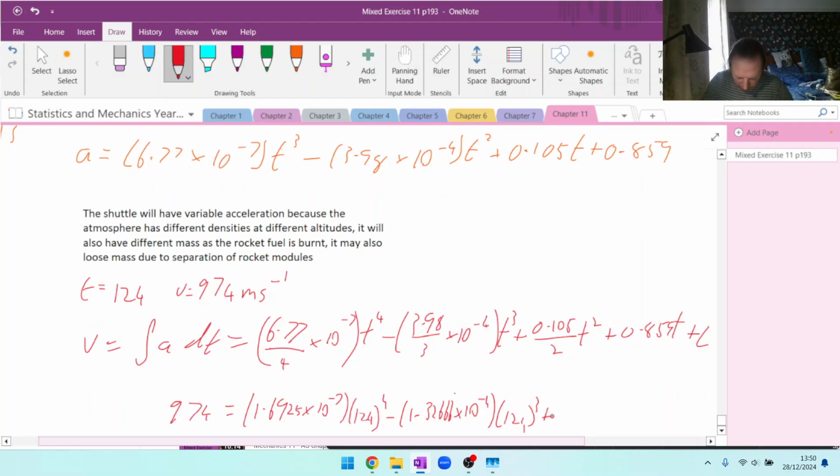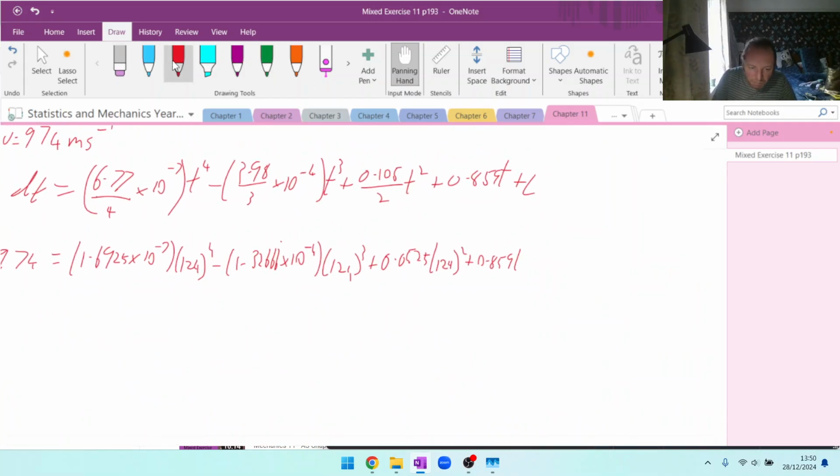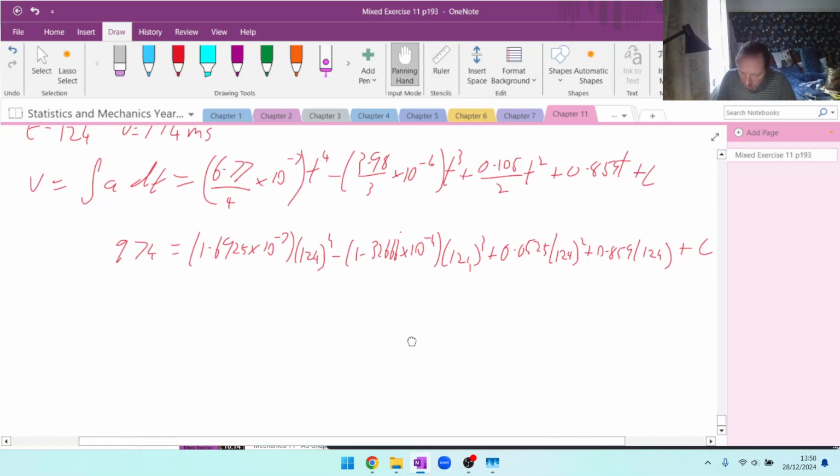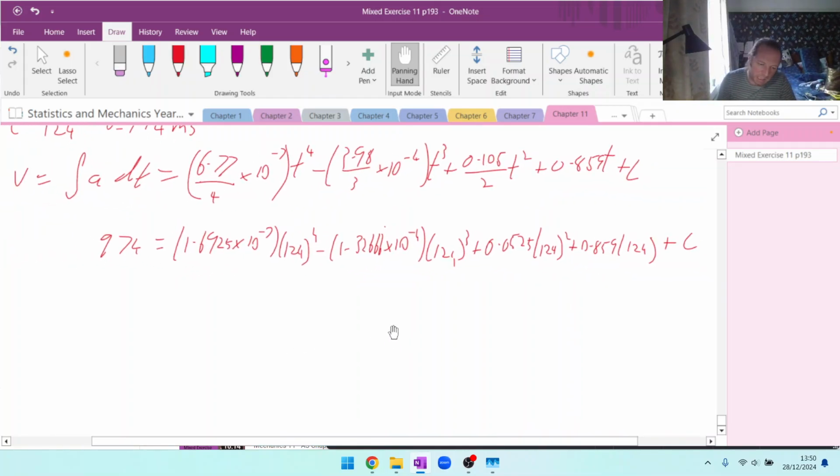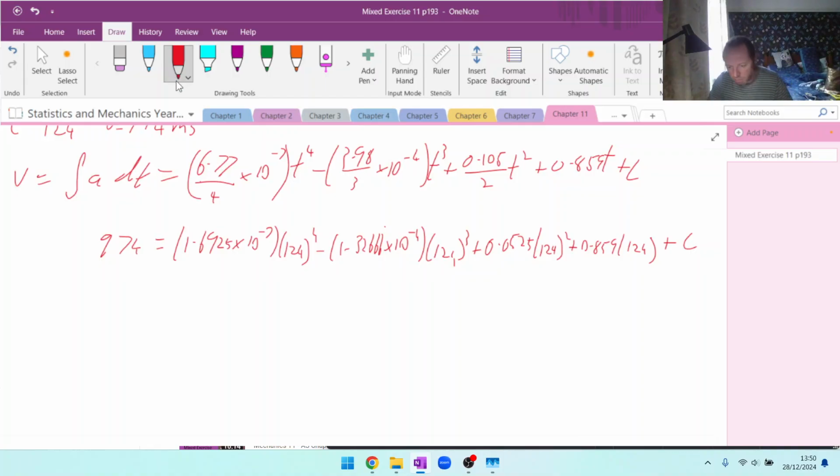plus 0.105 divided by 2, which is 0.0525, 124 squared plus 0.859, running out of room, 124 plus c. And now, if we put all of that in and take it away from 974, we should get c. So, a horrible thing.